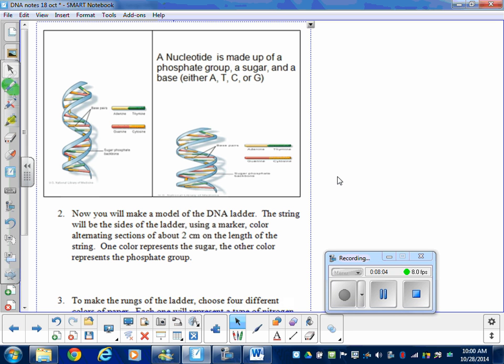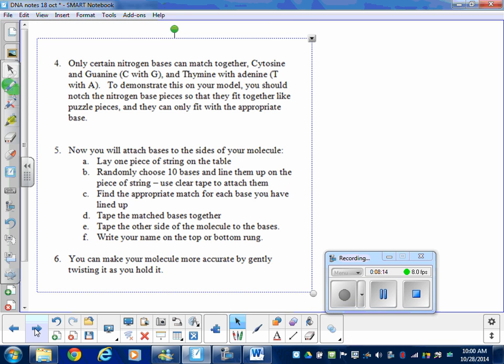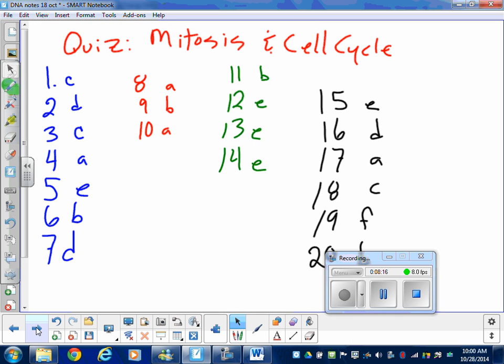You're going to make a model, and you need to make sure on your model that this only fits with this, and the other one only fits with the other one. I'll show you an example for how to do it. This will be due at the end of class on Wednesday. If you do not finish it, then it will be homework.